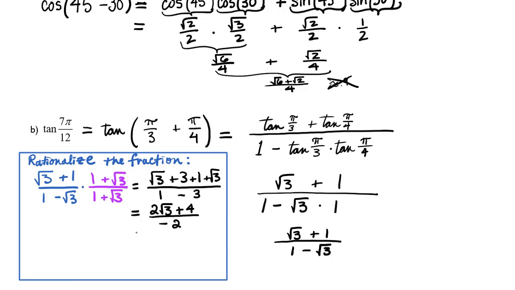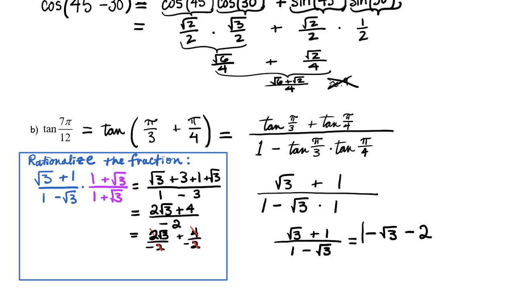If we break this up into two fractions, we'll have a 2 root 3 all over negative 2 plus a 4 over negative 2. What this tells me is if I reduce these fractions, this weird looking fraction we had originally is now equivalent to negative root 3 minus 2.